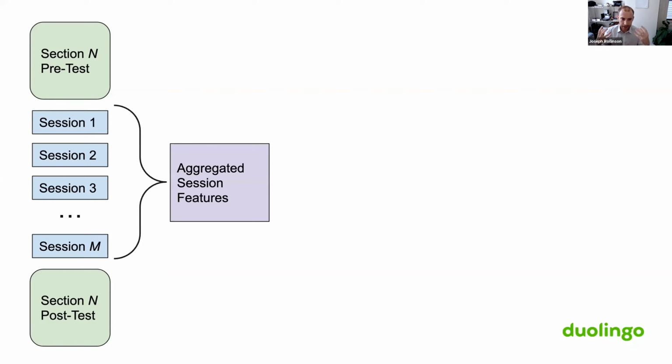We can then combine these sessions together into a set of features that represent the user's progress. For example, one really basic feature would be just the number of sessions that they've completed. But we can get as fine-grained as we want, right? We could look at specific items, we can look at specific sessions, but we generally convert the sessions into a set of features.